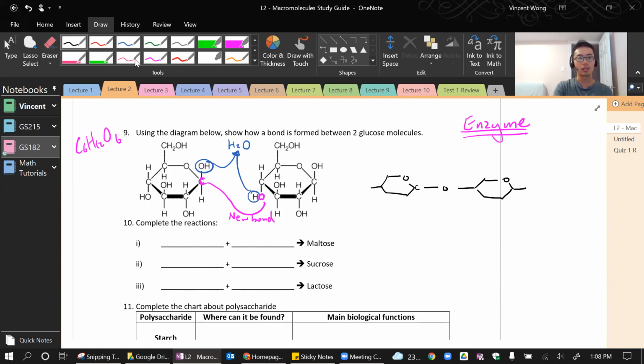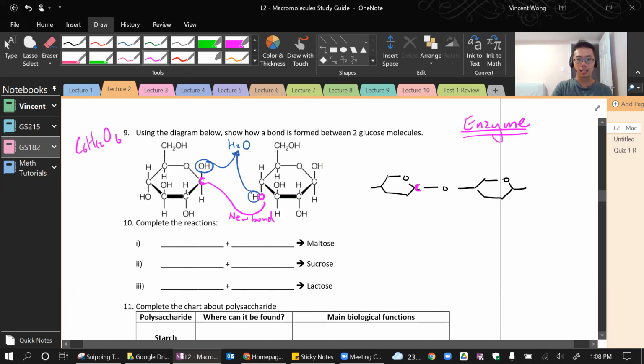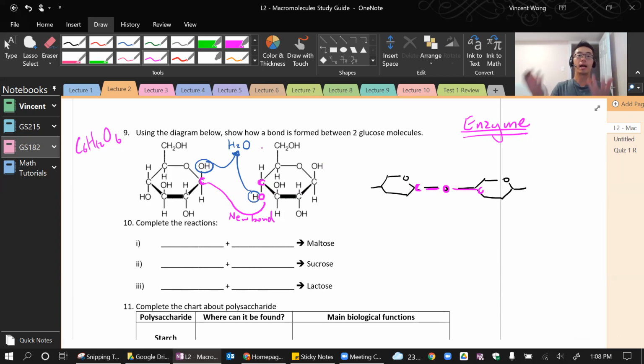So this here in the middle, the COC, that is the new sugar bond that holds the two glucose together. And this process is again called dehydration synthesis, because you're synthesizing something by dehydrating it, removing water.